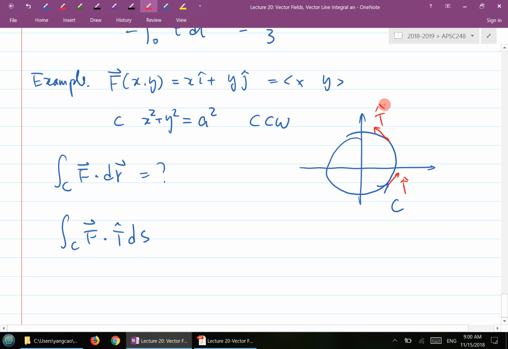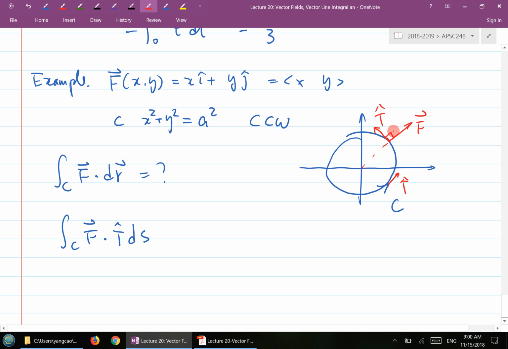And F is x i hat plus y j hat. That is a vector field we plotted, remember? It points outwards from the origin basically. So for any point on the curve C, you have a vector pointing outwards from the curve C.